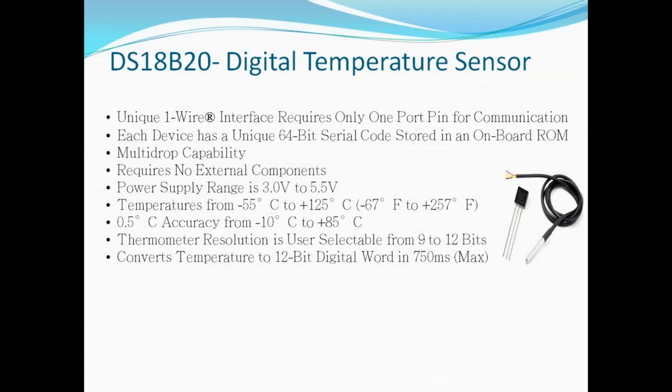That means if I purchase, say, 100 DS18B20, each and every DS18B20 will have a different address. So that's why it can be easily connected to a sensor network, because the sensor itself is responsible for providing self-identification.